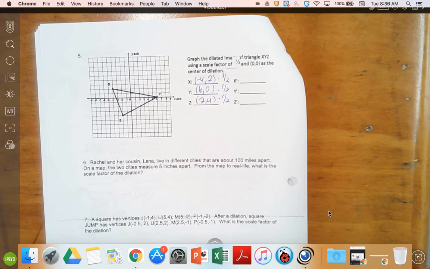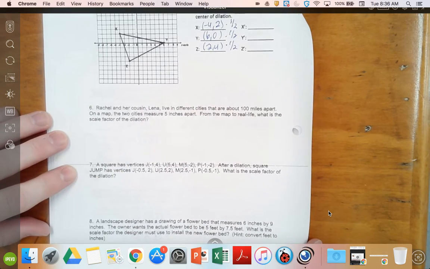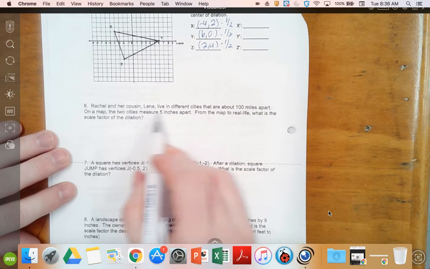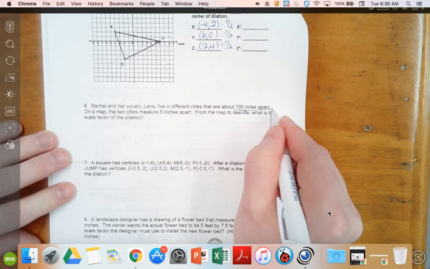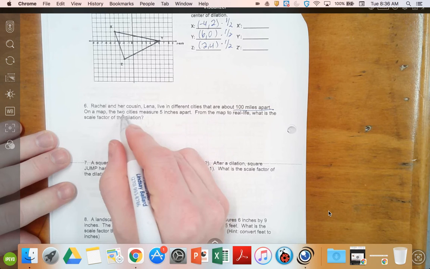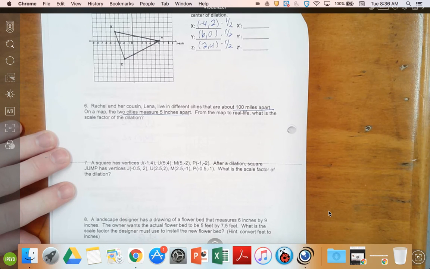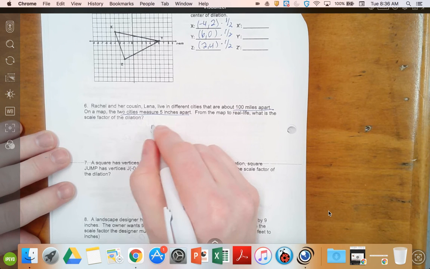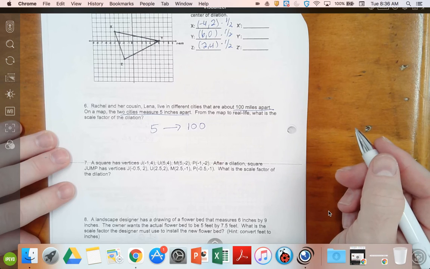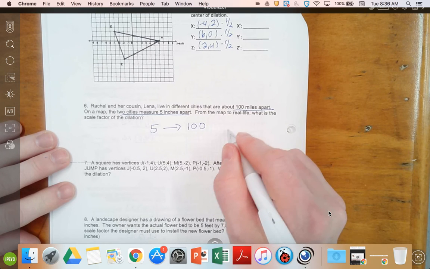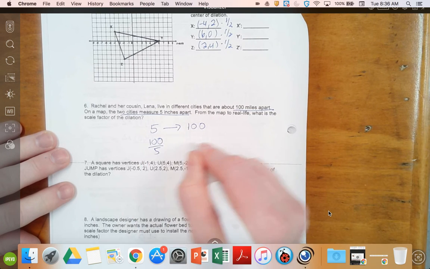Your next couple ones here, 6, 7, and 8. It says that there are different cities that are 100 miles apart. The two cities measure 5 inches apart on the map. From the map to real life, what is the scale factor? So I'm going from 5 to 100, so I'm getting bigger. Remember, it's either going to be 100 divided by 5 or 5 divided by 100.